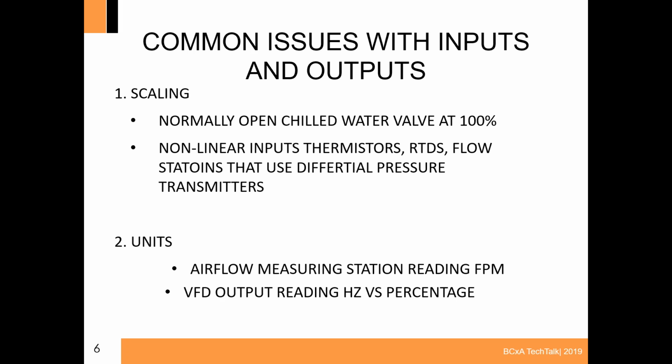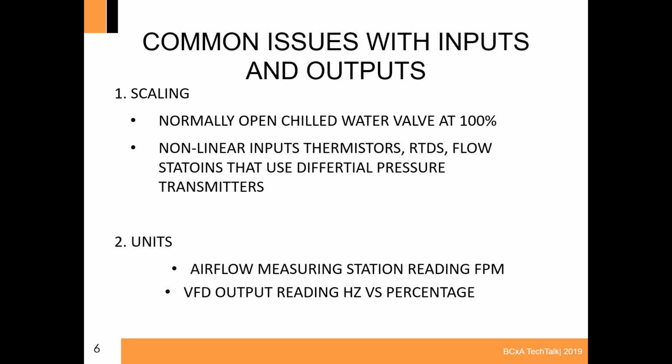And as the resistance of that thermistor changes, Johnson knows what that curve looks like, so it knows when the ohms are this, the temperature is this. ALC has their own thermistors with their own characteristic curves. So you've got to make sure that the thermistors used match up with the controls that have the characteristic curves for that thermistor.